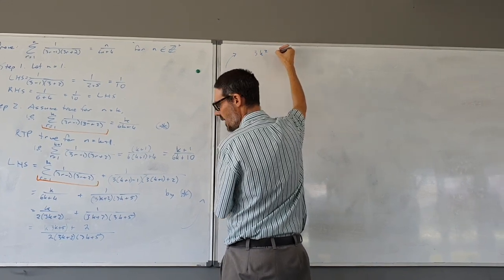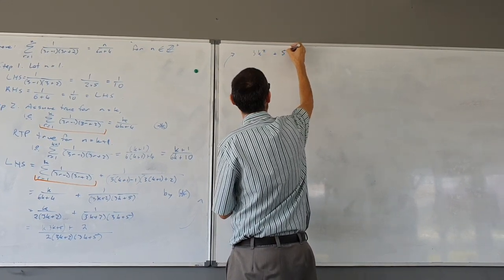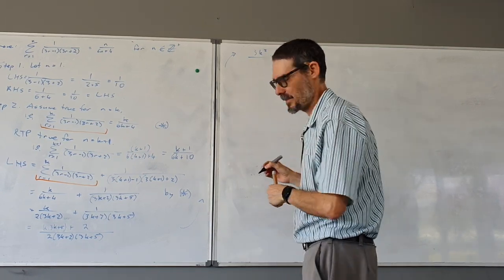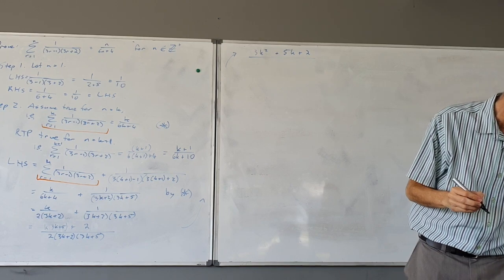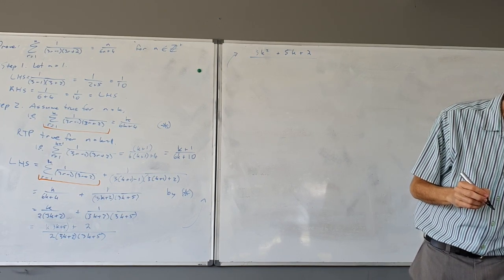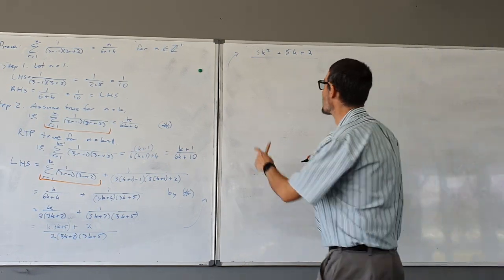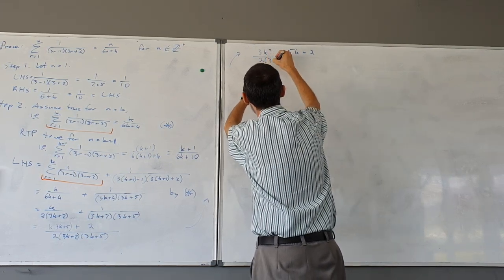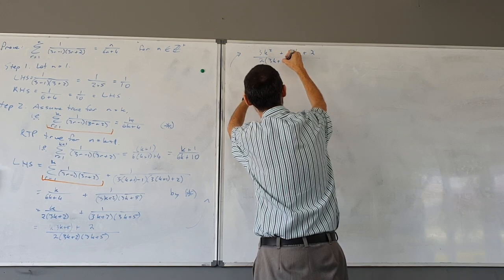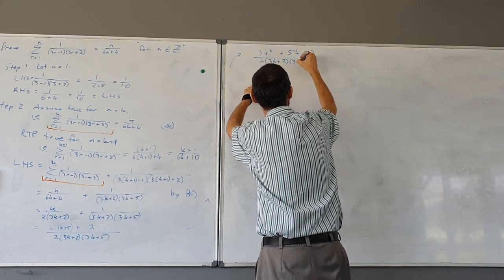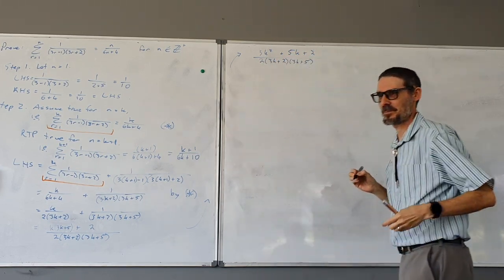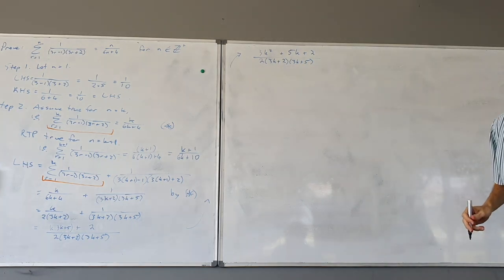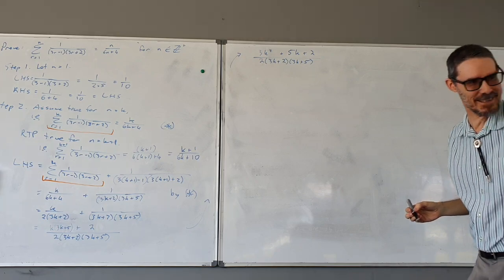3k squared plus 5k plus 2 over, we don't expand the bottom because we can factorise this: 3k plus 2, 3k plus 5. Having a go. I was writing it down. Okay, good.